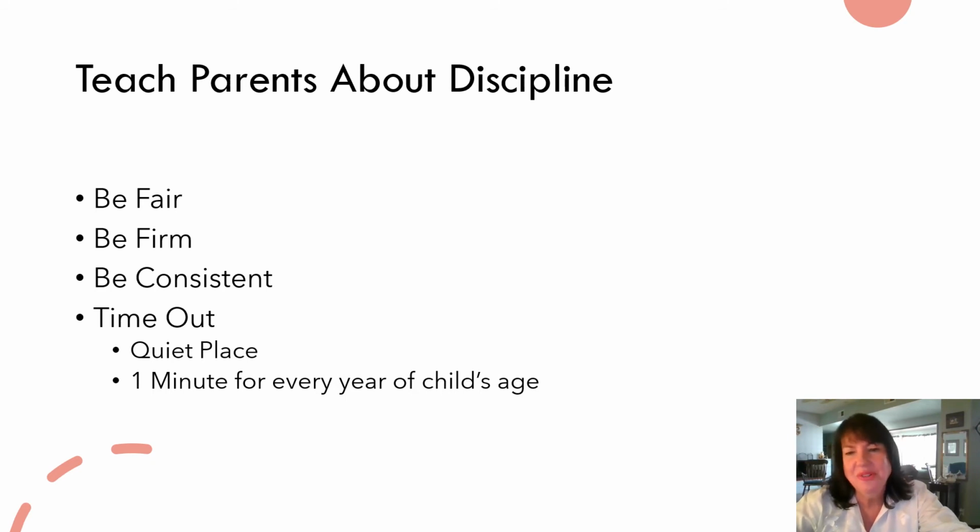So a 3-year-old, we're only talking about 3 minutes, all right? We're not talking about any long, extended confining a child to one place. Often what happens is the parent will simply be advised, give this child a quiet place, let them sit down, and give them 1 minute for every year of the child's age. Okay.